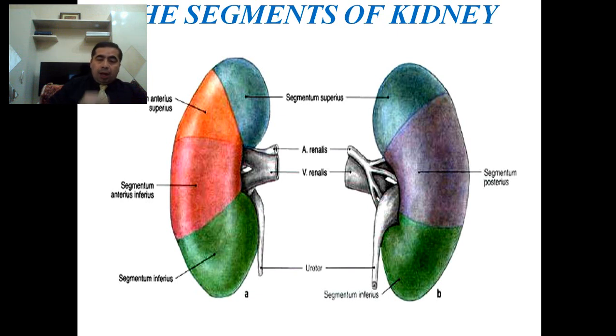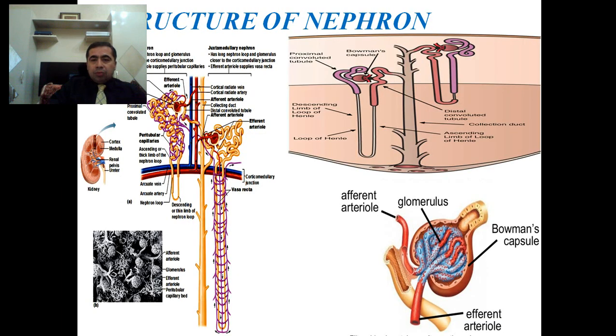And again, looking at the course of these arteries, each segmentary artery divides into the interlobar arteries. I have explained that the lobe of the kidney is the pyramid, and the interlobar artery is located within the space between two pyramids. And here, the interlobar artery gives off the arcuate artery.